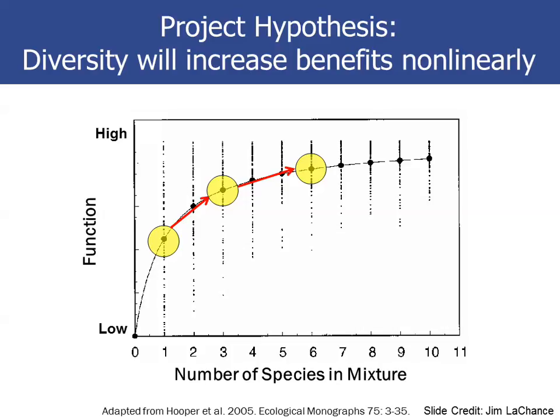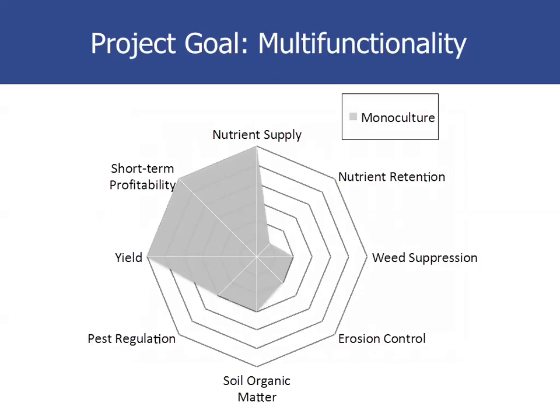That might be weed suppression or nitrogen supply, or some of the many functions that we're all interested in looking at with mixtures. And we're not just looking at this in terms of adding species and getting more function, we're also looking at it in terms of adding species and getting multifunctionality. So as you add more species, perhaps you can do more with your mixtures. I won't go into this in detail.